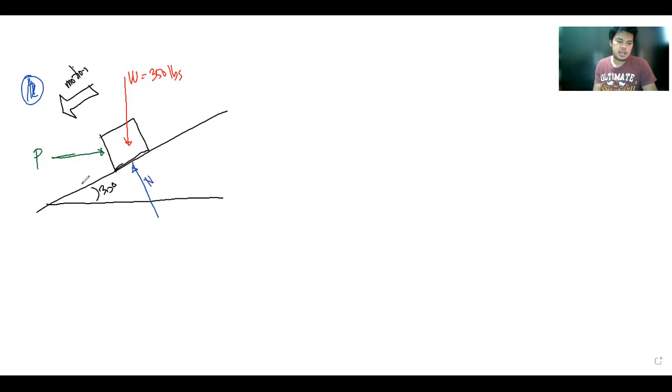The other one is the friction force. The friction force is not opposite to the applied force, but it is opposite to the impending motion of the body. So you have the four forces. We'll try to have a better view of the free body diagram.